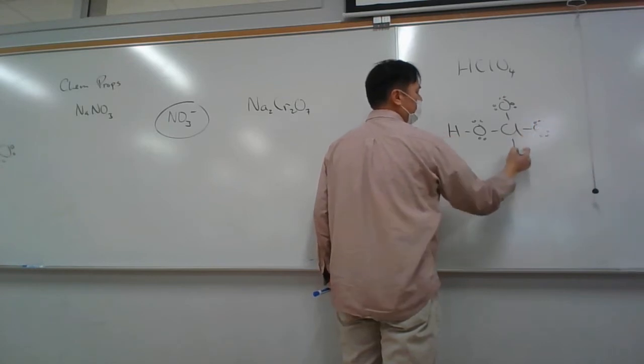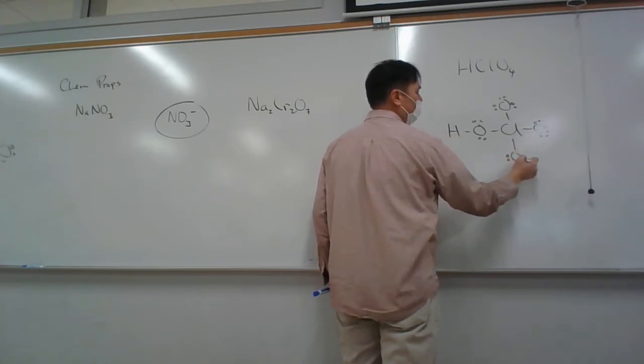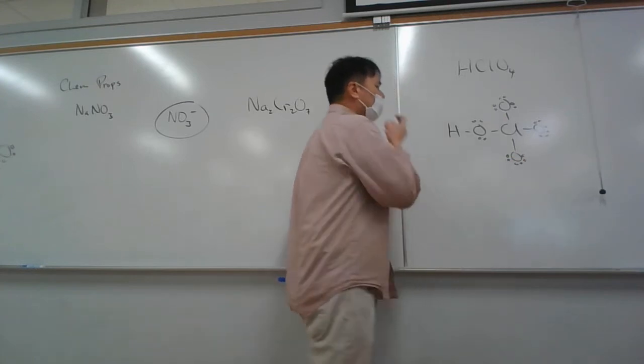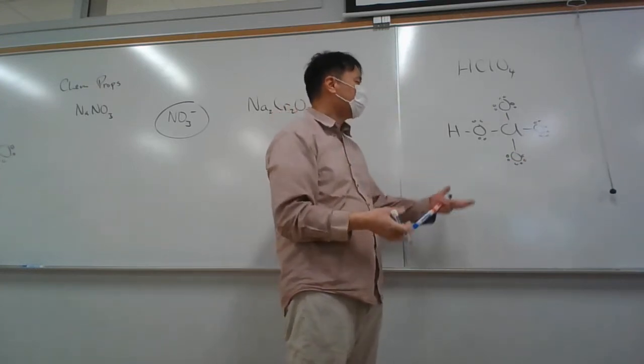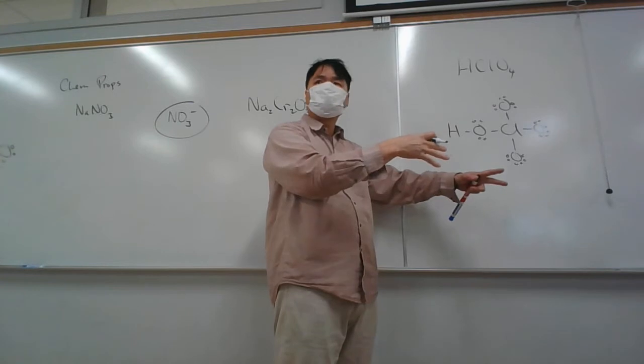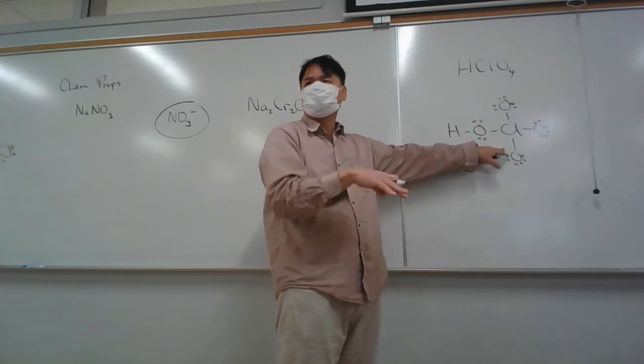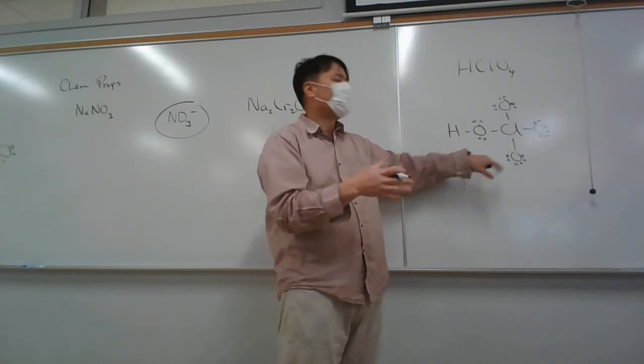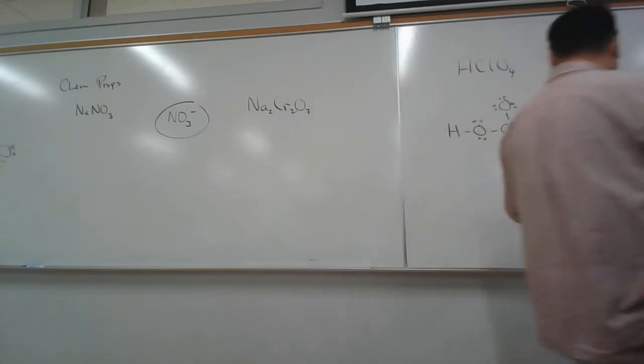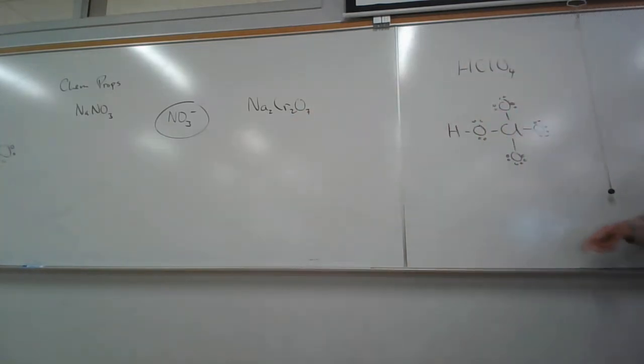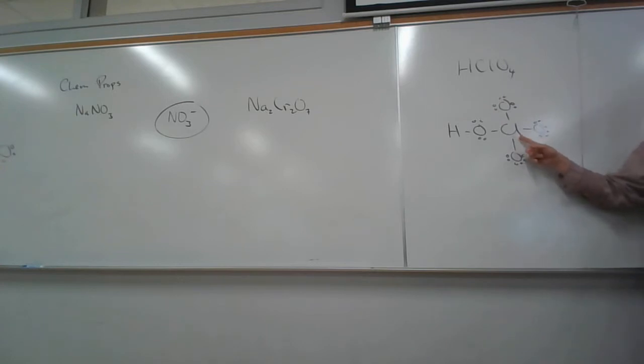I'm just going to leave it as the octet here with high formal charge. Typically we like to expand the octet to reduce the formal charge, and this is chlorine, so it's a rule rather than a law, let's say. In this particular case, I'm not going to do anything. It's -1, -1, -1, and +3 on the chlorine.